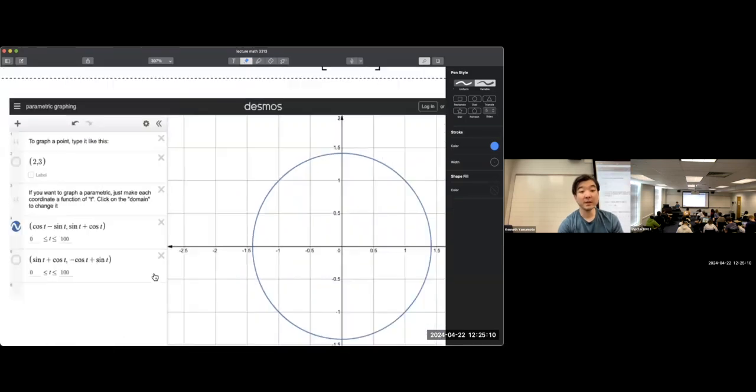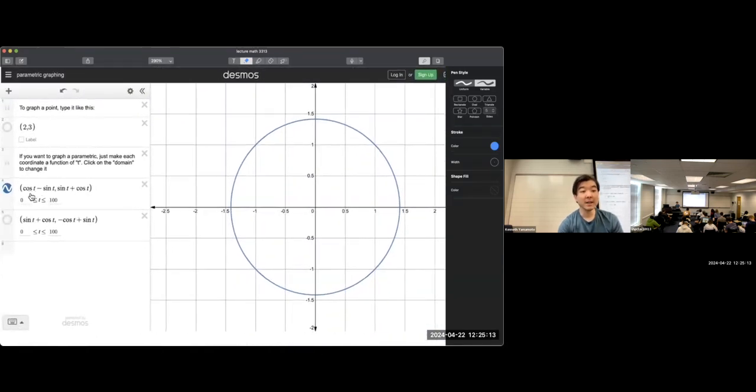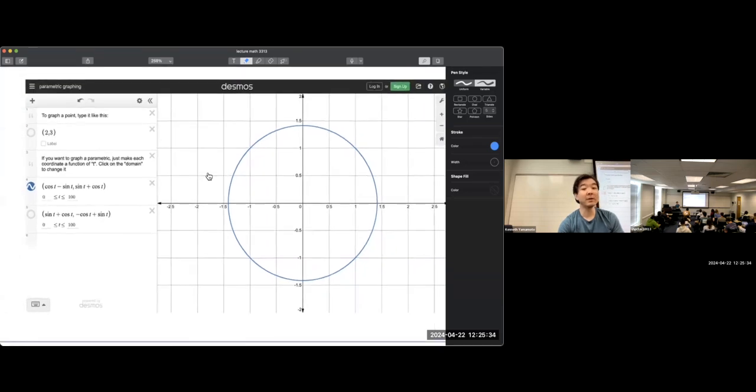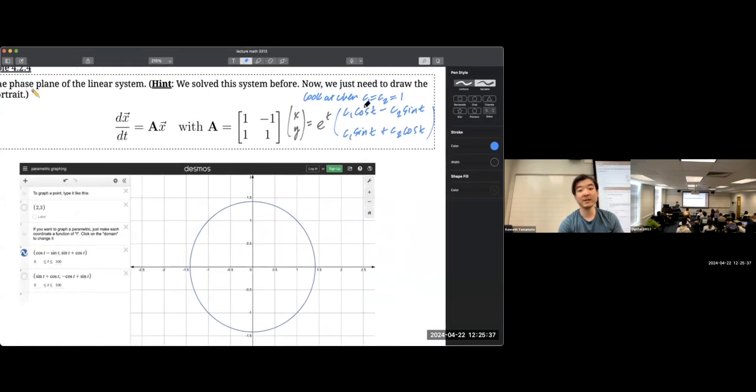And then on Desmos, believe it or not, you could plot a parameterized curve like this, where you say cosine of t minus sine t, comma, sine t plus cosine of t, and then it'll let you have t range from 0 to whatever. I mean, 0 to 100 just causes this to trace over itself over and over again. Turns out that this is going to be a circle, basically. I wouldn't have known that without putting it in Desmos, that this is actually tracing a circle. And so this is the blue part of the solution.